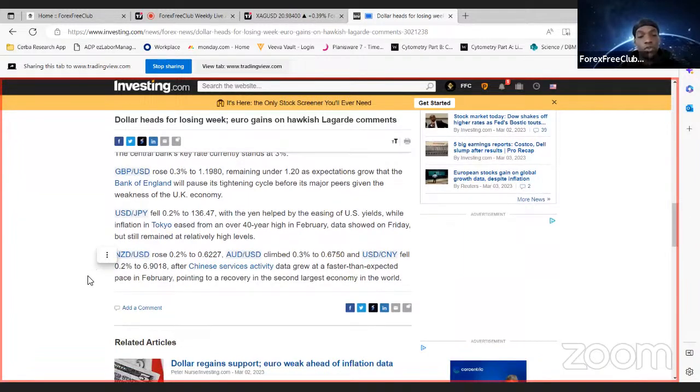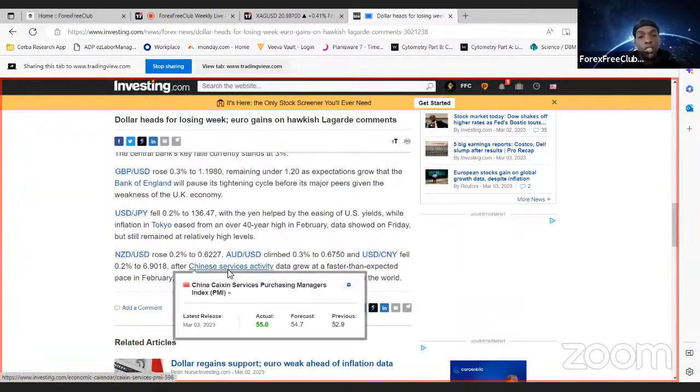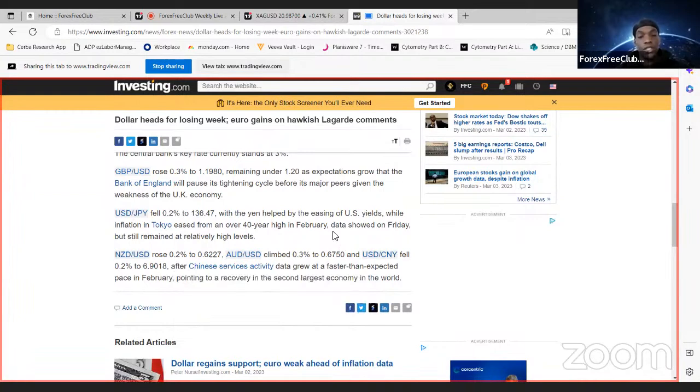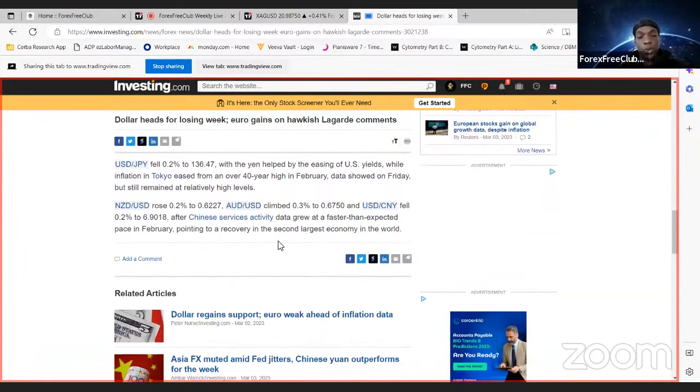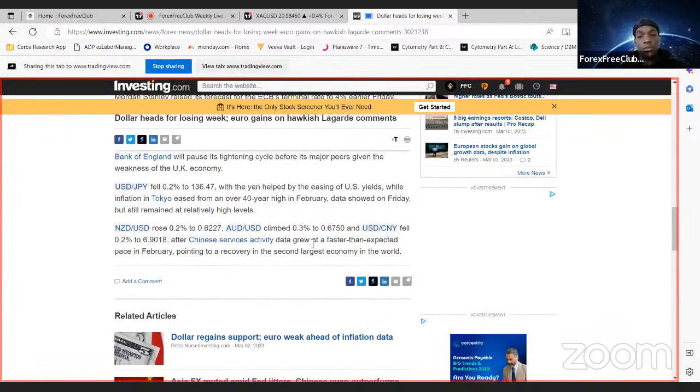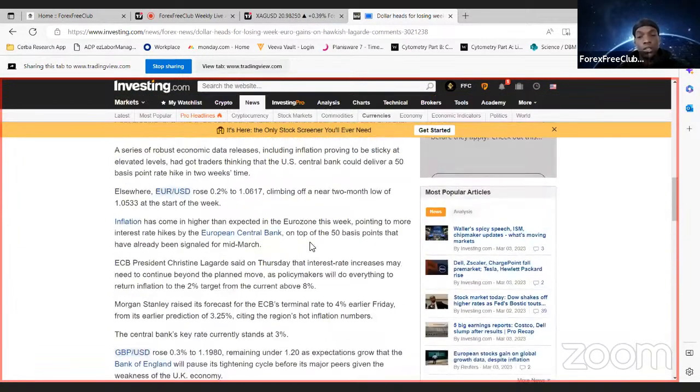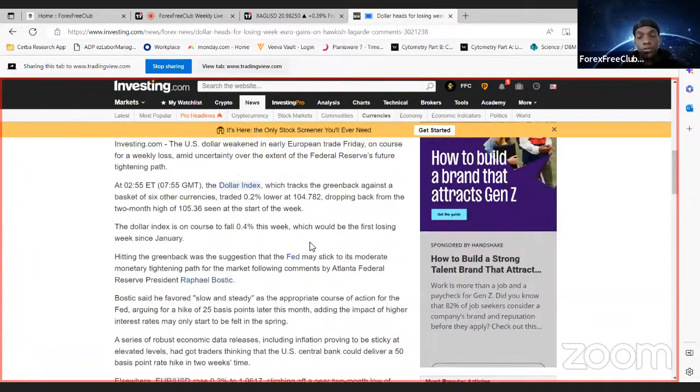NZD/USD rose 0.2% to 0.6227, AUD/USD climbed 0.3% to 0.675, and USD/CNY fell 0.2% to 6.9018 after Chinese services activity data grew at a faster than expected pace in February, pointing to a recovery in the second largest economy in the world. All right, so it looks like China's economy is starting to recover.